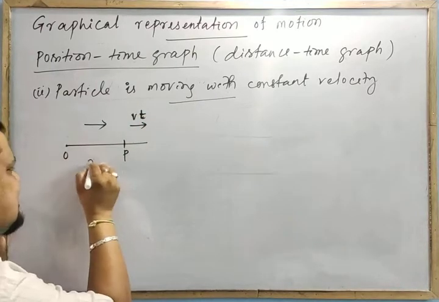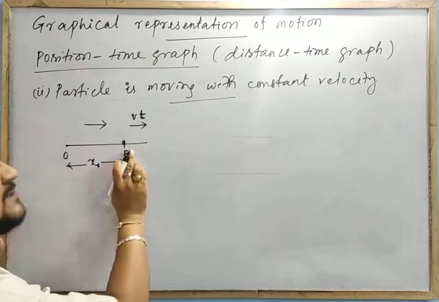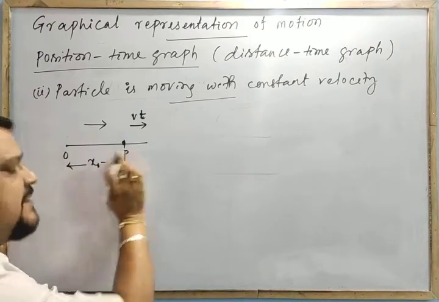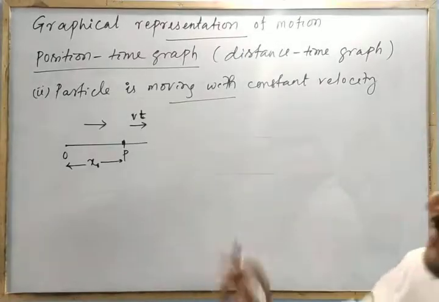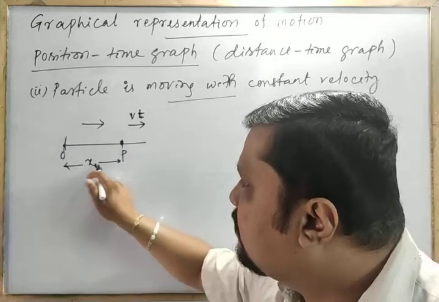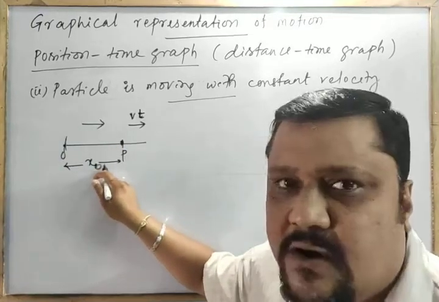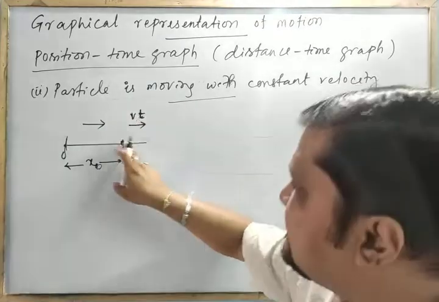And suppose a distance x naught is already covered. The particle starts from the point P, which is already a distance x naught from you, and it is moving with a velocity v along this direction.